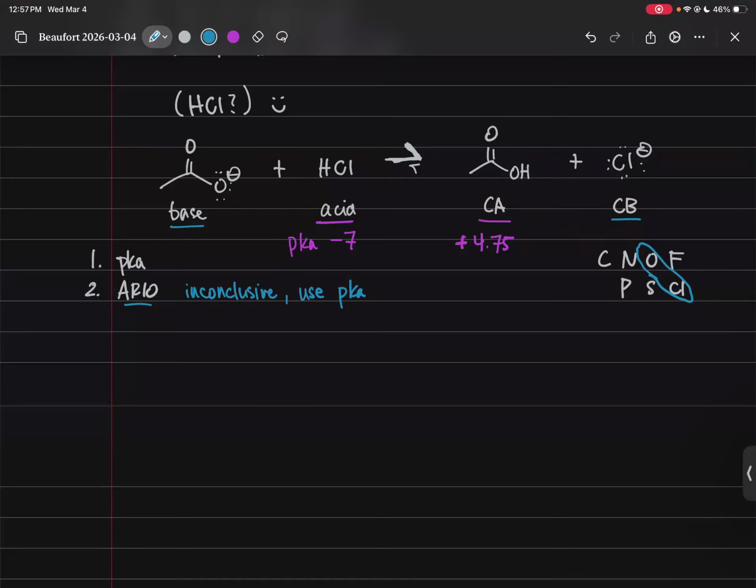This is really only going to come up when you've got something like an oxygen versus a chlorine, or a nitrogen versus a sulfur, or something like that. This is probably the best example of that sort of thing.